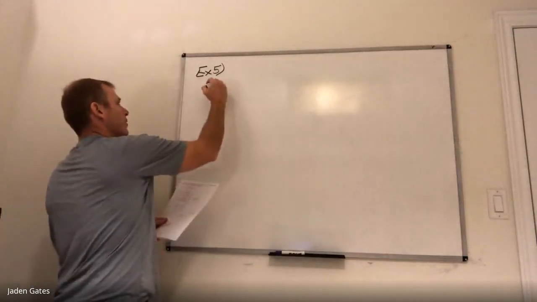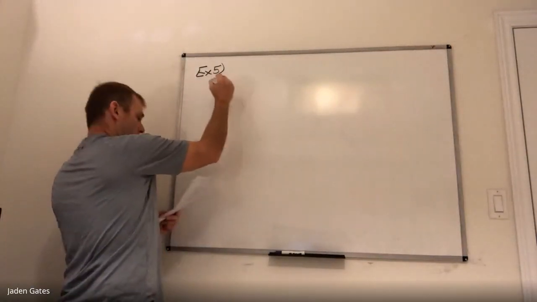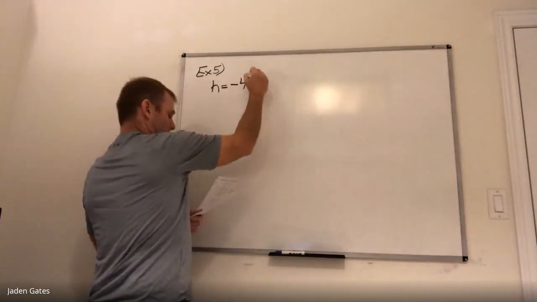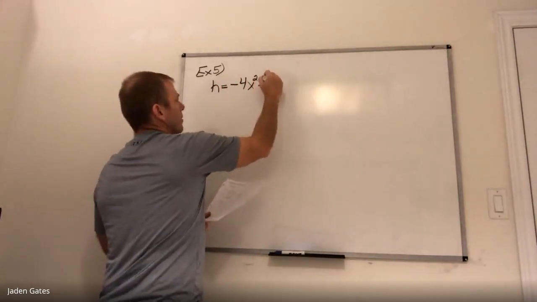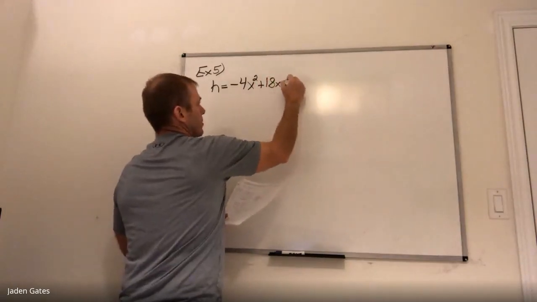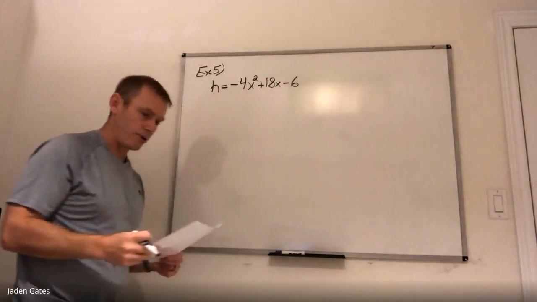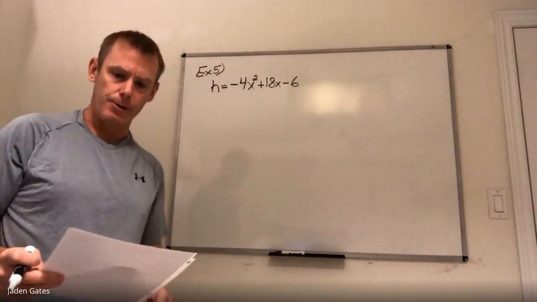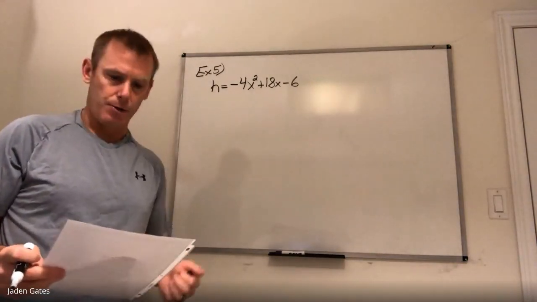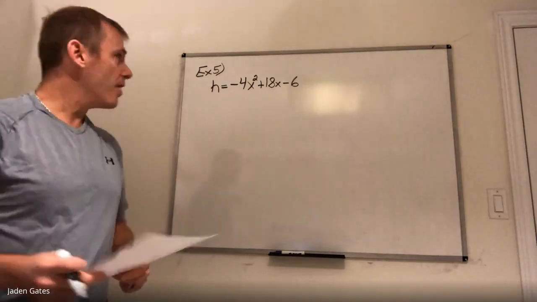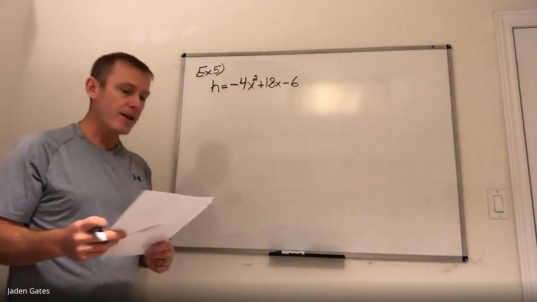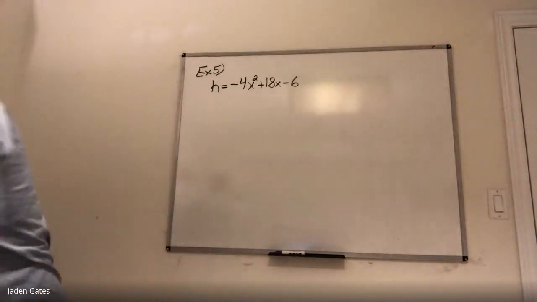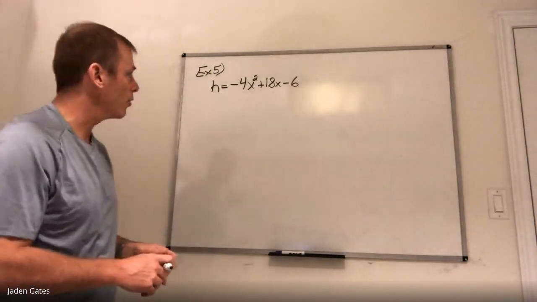So I'm going to write it down here. We got h is equal to negative 4x squared plus 18x minus 6. All right, so there's our flying squirrel's height, where x is time, again in seconds, and the height again is in meters. And I want to know when is the squirrel at a height of 2 meters?